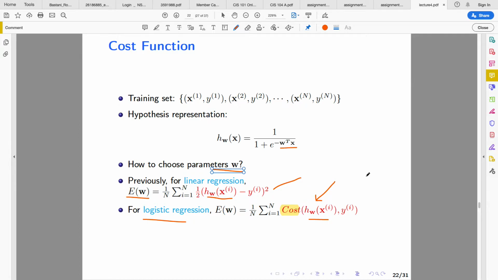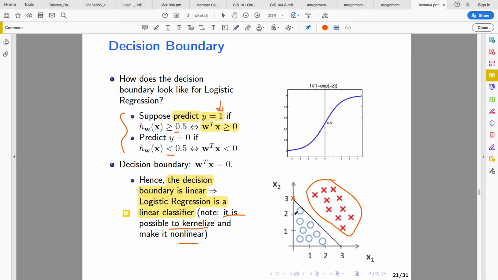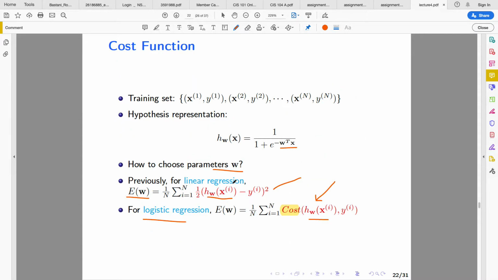That is, we pass our function through the logistic function, the sigmoid function. You remember here, we squash our z into a logistic function, so that we can learn a linear decision boundary between the categories.